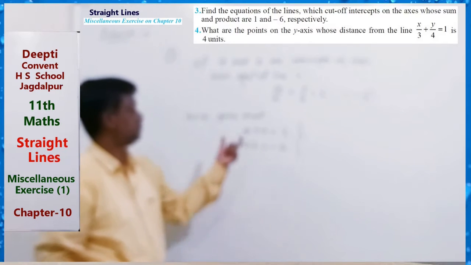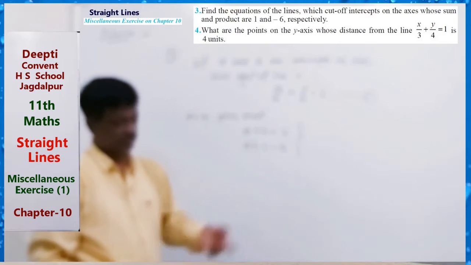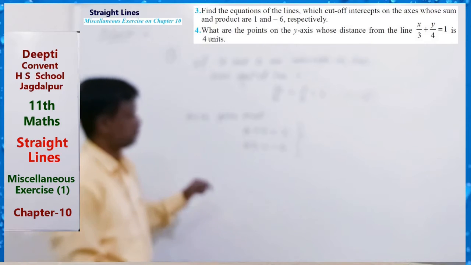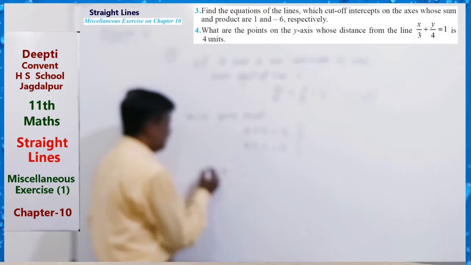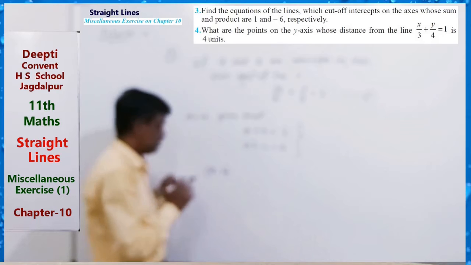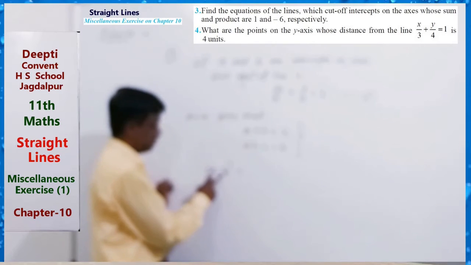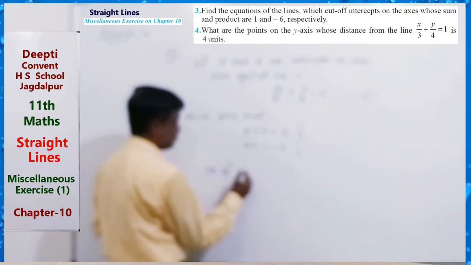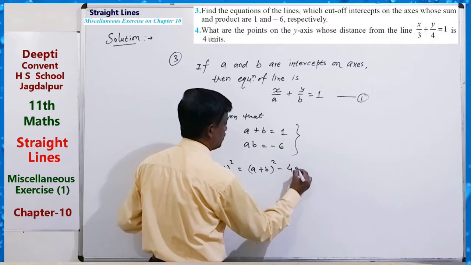If the sum of the quantities is this and the product is this, then we can write the quadratic equation whose roots will be a and b. We can also find the value of a minus b. Our target is solving these two equations. So a minus b whole square equals a plus b whole square minus 4ab.